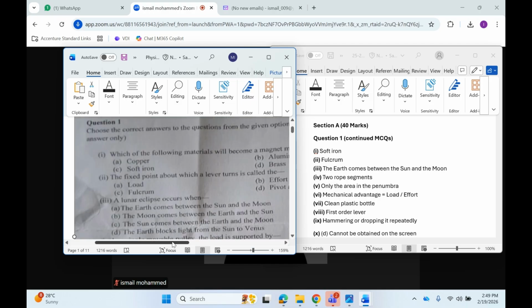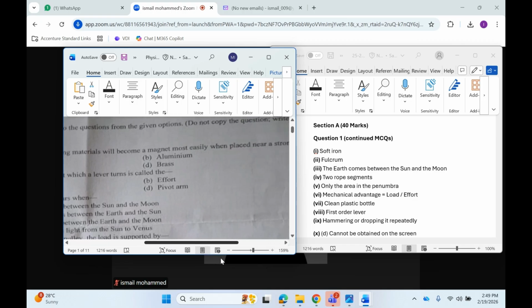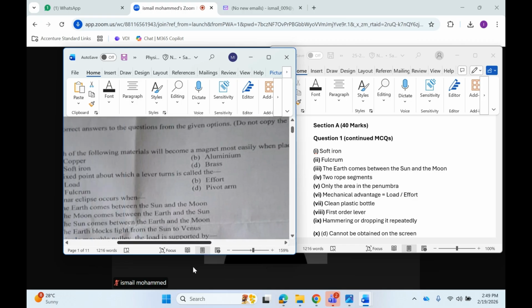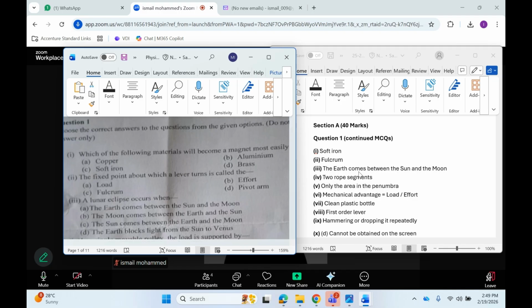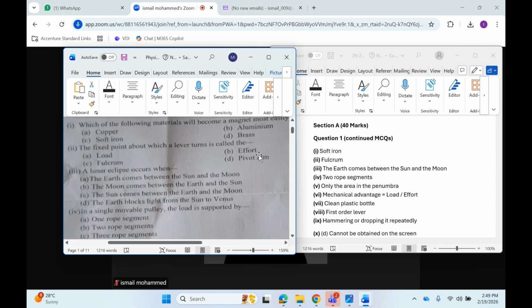See the question. Which of the following materials will become a magnet most easily when placed near a strong magnet? That is the soft iron. The fixed point about which a lever turns is called fulcrum.